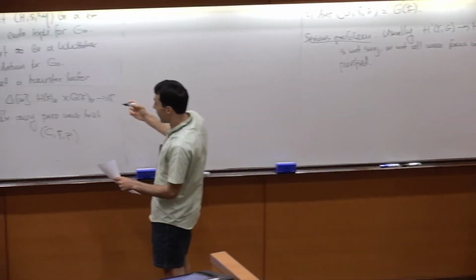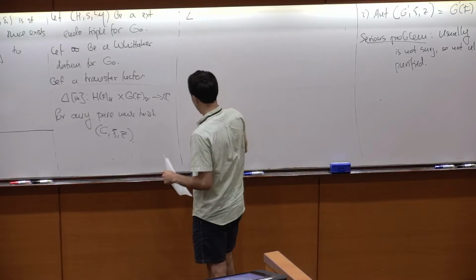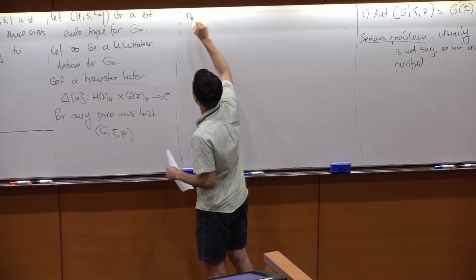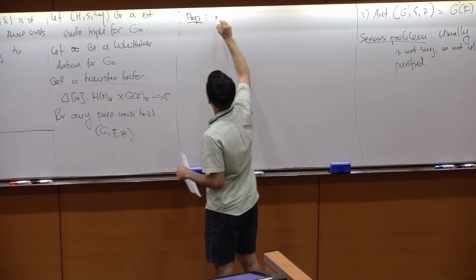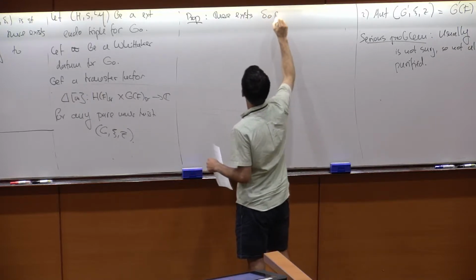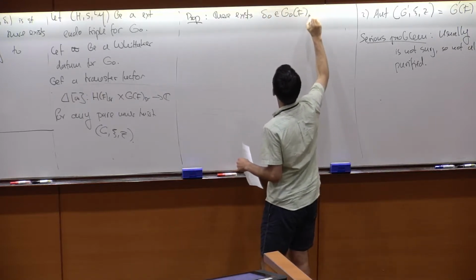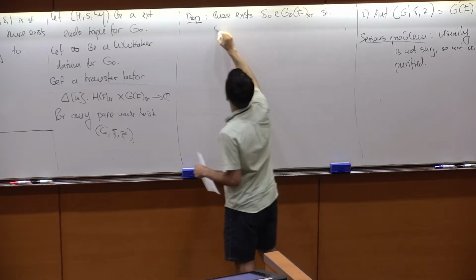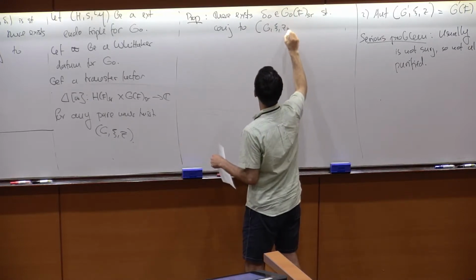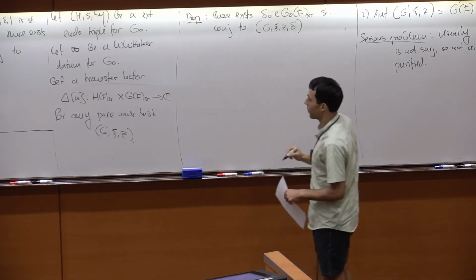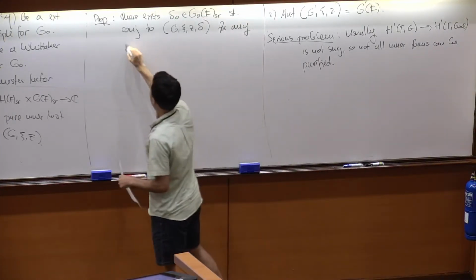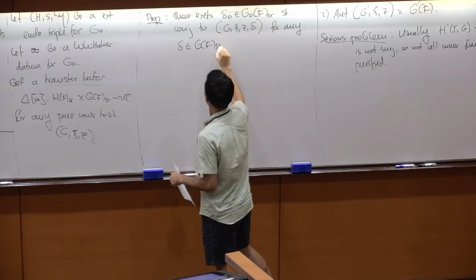And then here is the definition. First of all, there is a theorem, or a proposition, or a fact, or however you want to call it. There exists a delta 0 in G0 of F, strongly regular, stably conjugate to this element, G, psi, Z, delta, for any delta in G of F strongly regular.